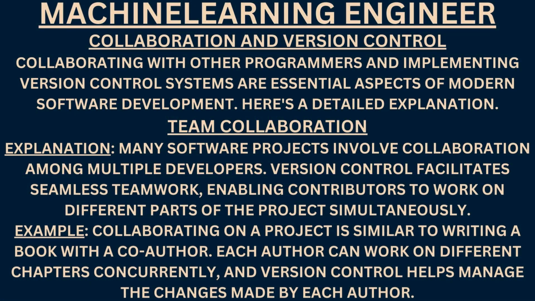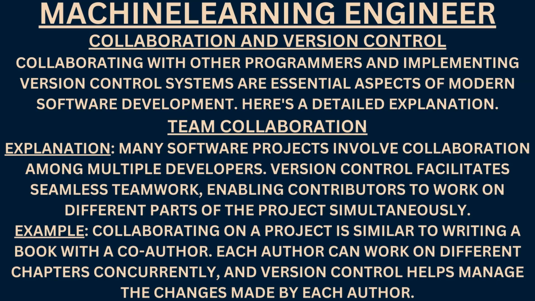Collaboration and version control. Collaborating with other programmers and implementing version control systems are essential aspects of modern software development. Here is a detailed explanation. Team collaboration. Explanation. Many software projects involve collaboration among multiple developers.